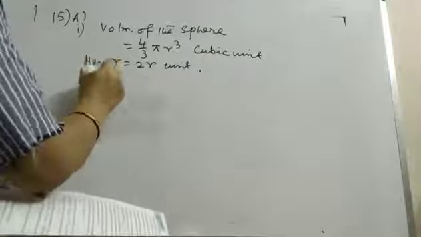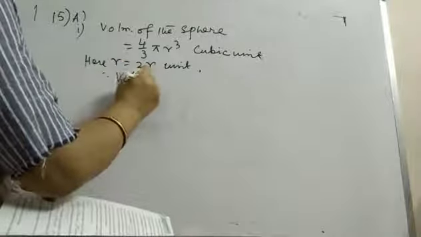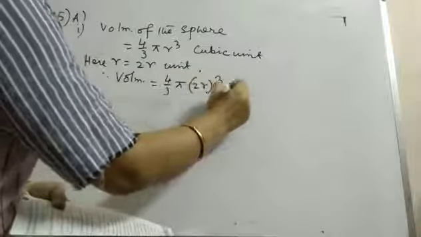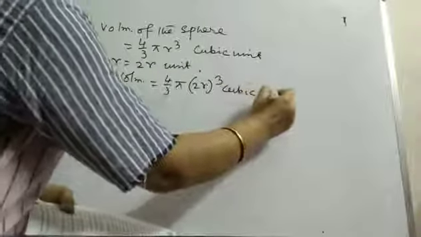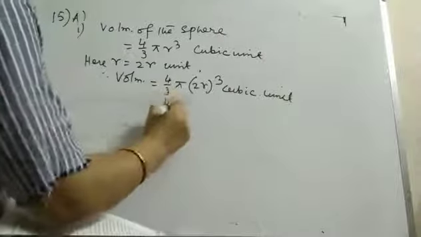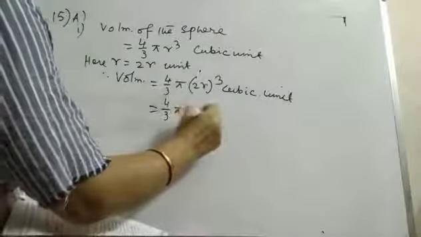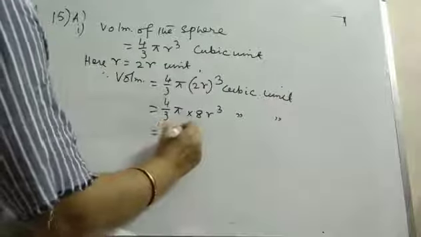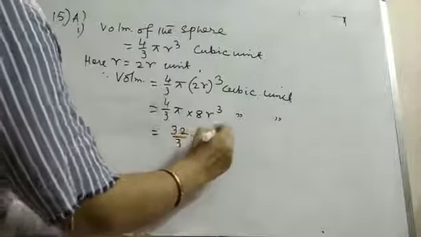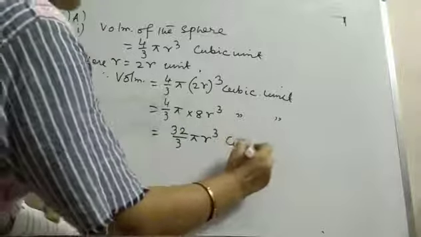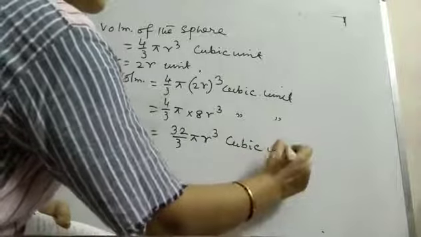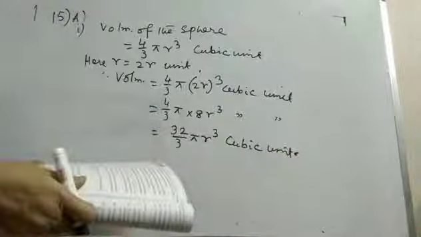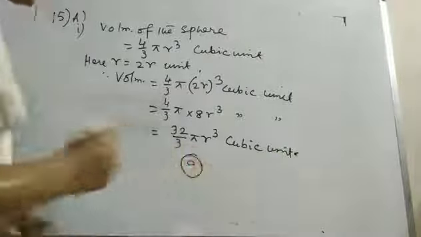So volume equals 4 by 3 pi (2r) whole cube cubic unit, 4 by 3 into 8r cube cubic unit, equal to 32 by 3 pi r cube cubic unit. Okay, answer A is correct.